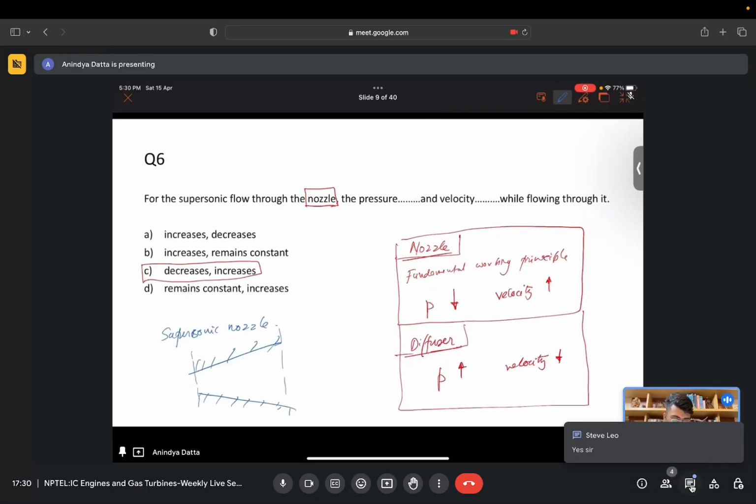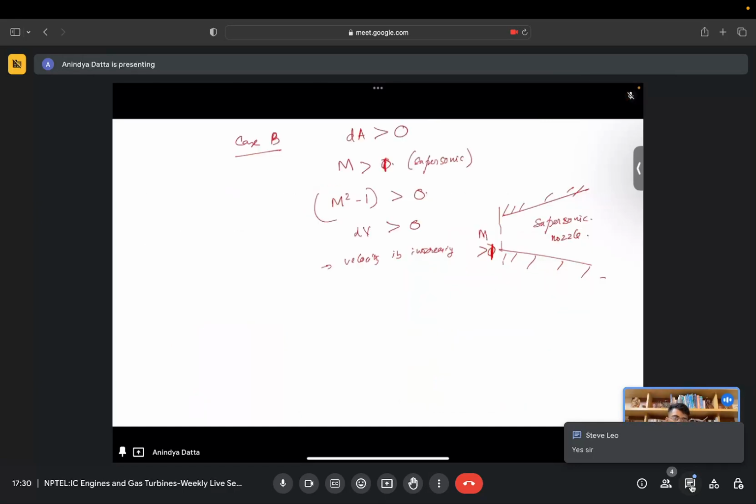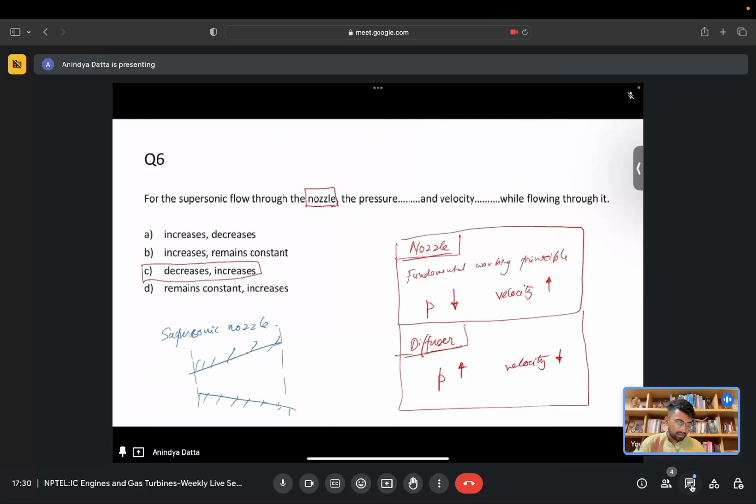Yeah, right, this is what I also discussed in the last question. So just clearly remember this is the basic working principle of nozzle and diffuser. Now just don't assume that since it is a converging area duct it's always a nozzle, or if it's a diverging area duct it is the diffuser.